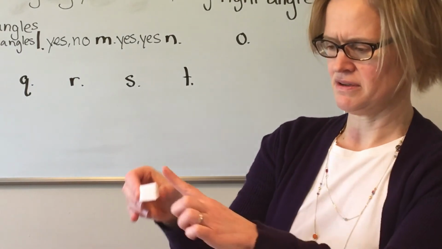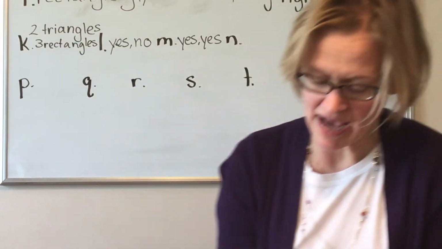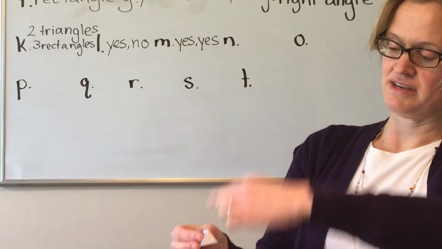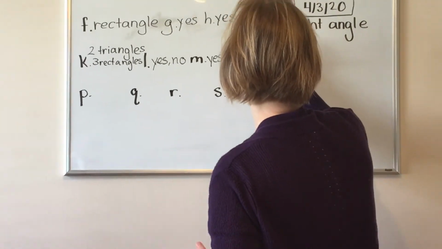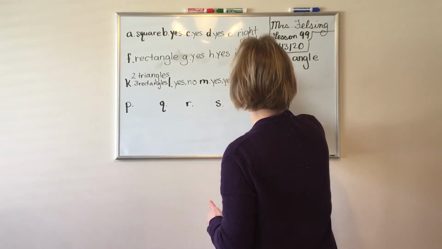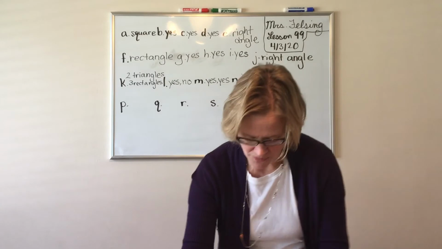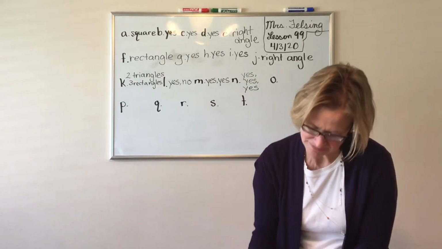Well, here's one and here's one, yes. And edges that intersect but are not perpendicular? Well, let's look at our triangle. These intersect here and here. So our answer for N would be yes, yes, and yes.